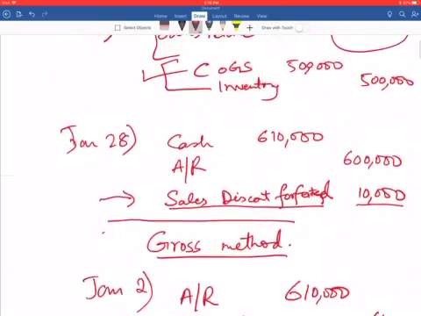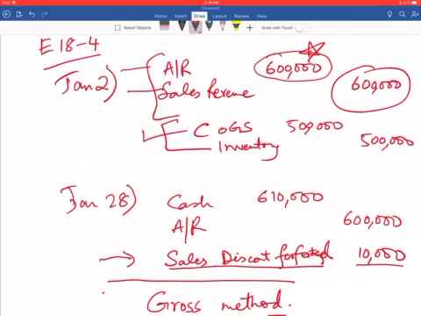But if I go back to the net method, we assume that the customer is going to take the discount, but the customer never took the discount, and that's why on January 28th they make an extra 10,000 payment. But let's say they make the payment within 5 days, right? They take the discount.